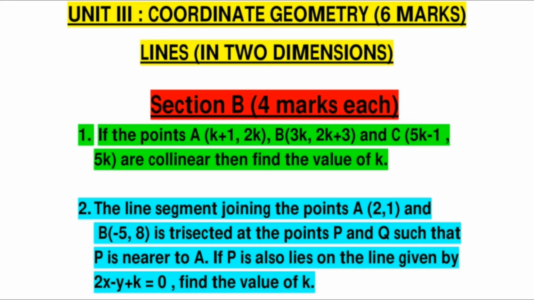Another condition is given: the point P lies on the line 2x minus y plus k equals 0. Find the coordinates of P and Q, put the coordinates of P in the line 2x minus y plus k equals 0, then you will get the value of K.